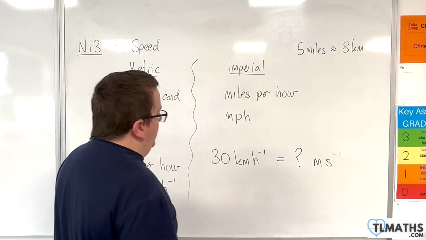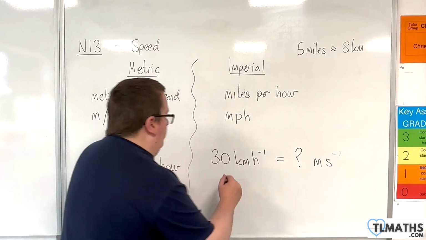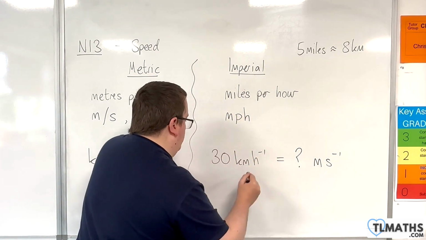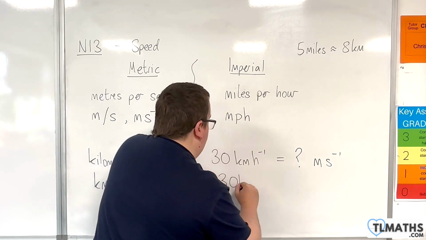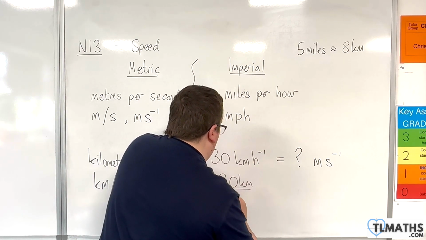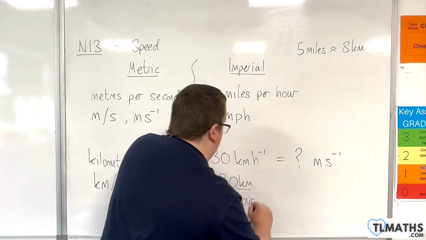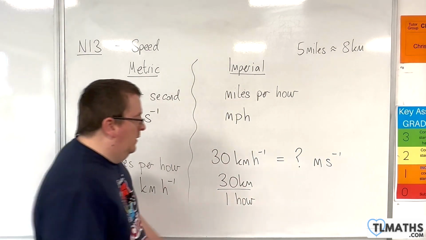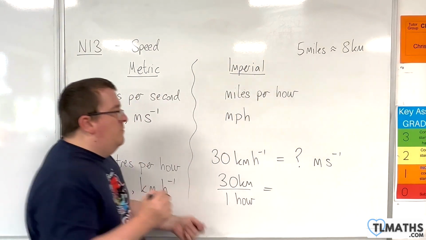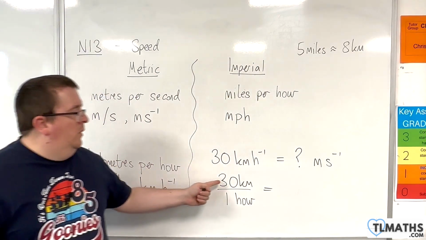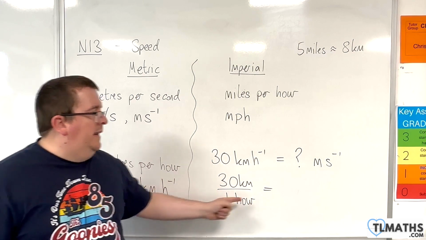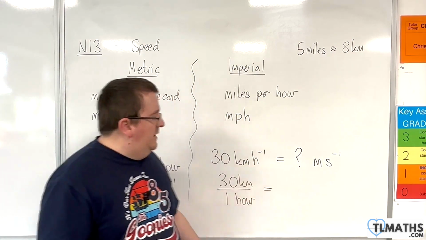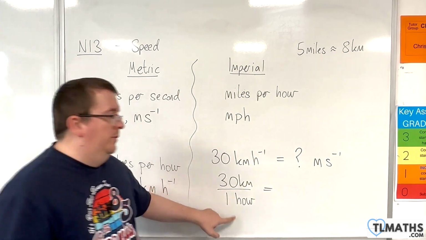Well, the way to think about this is to write 30 kilometers per hour as 30 kilometers over 1 hour. Okay? Think of it like this. Then convert your numerator into meters and your denominator into seconds.